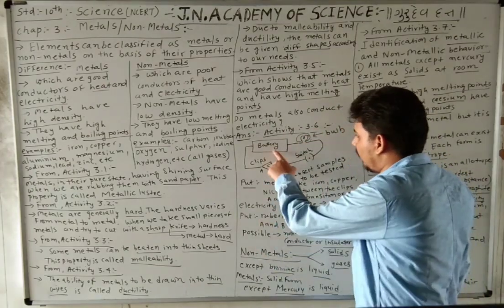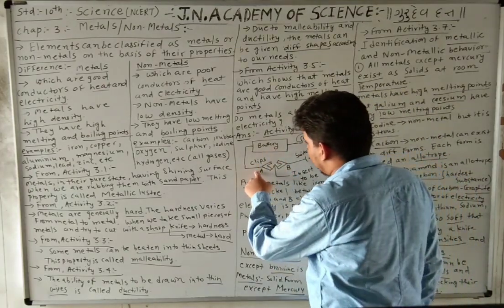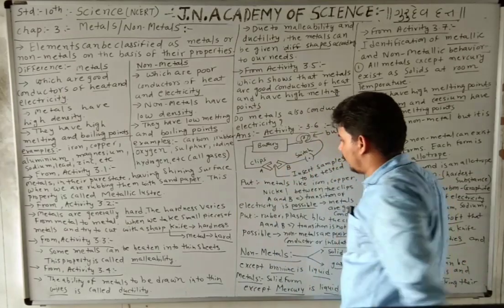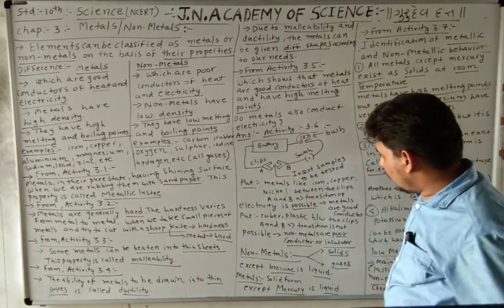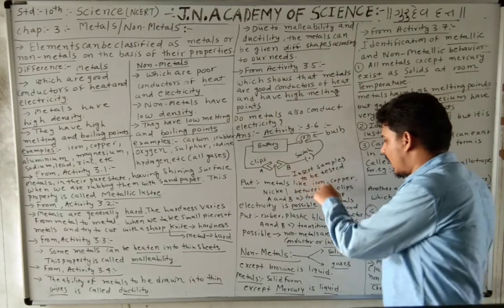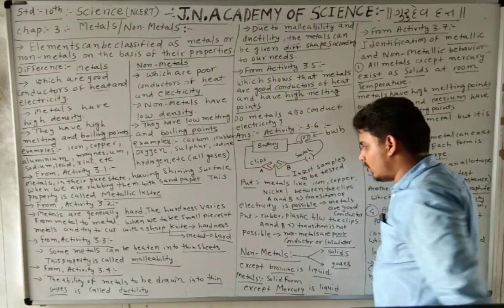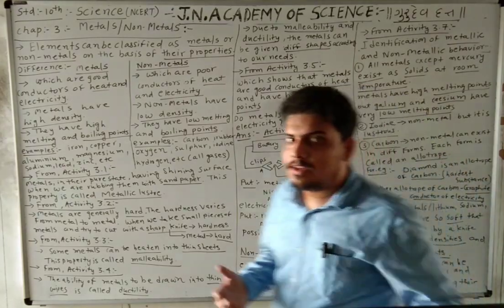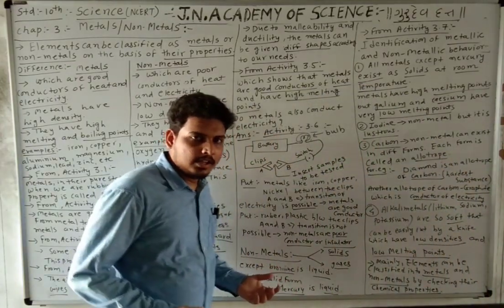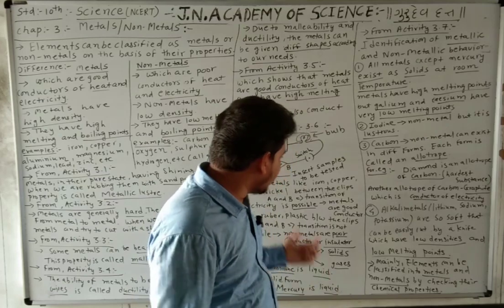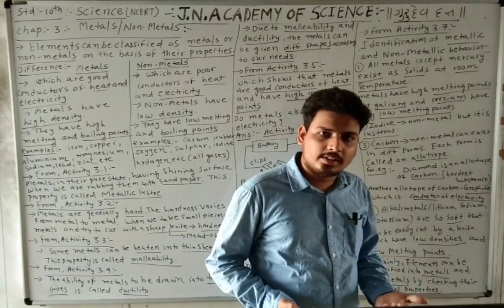Here a battery is connected by clips, a switch and a bulb, and we put metals like iron, copper, nickel between the clips A and B. If electricity transmission is possible, then we can say that it is a conductor.